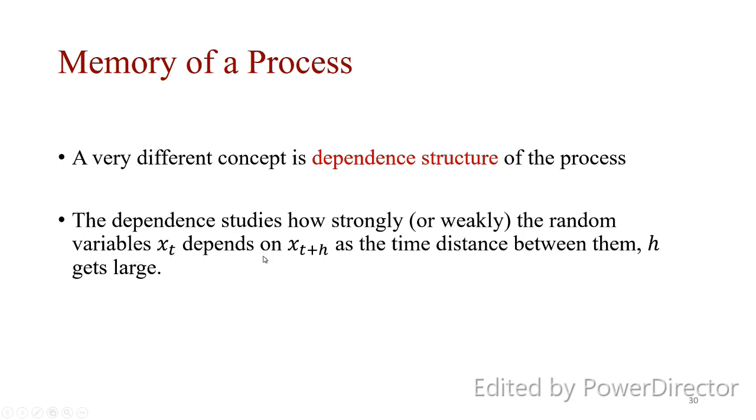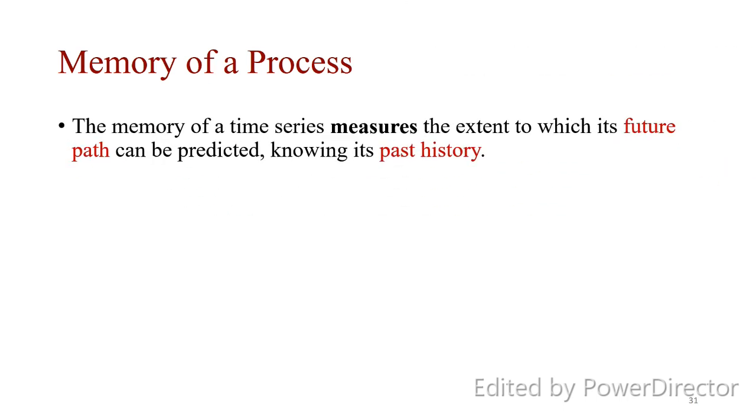The time distance between them is given by h as h gets large. The memory of the time series measures the extent to which the future can be predicted knowing its past history.